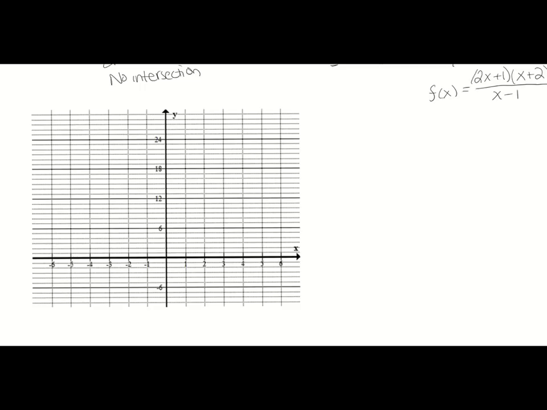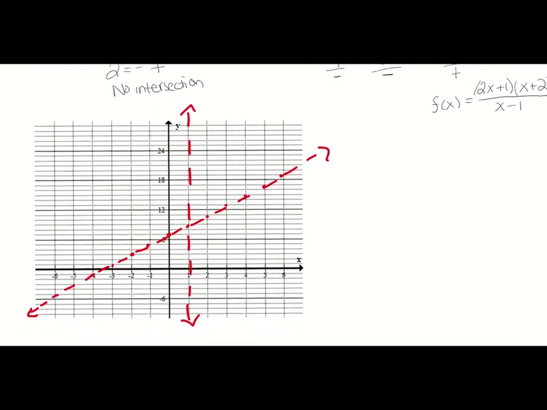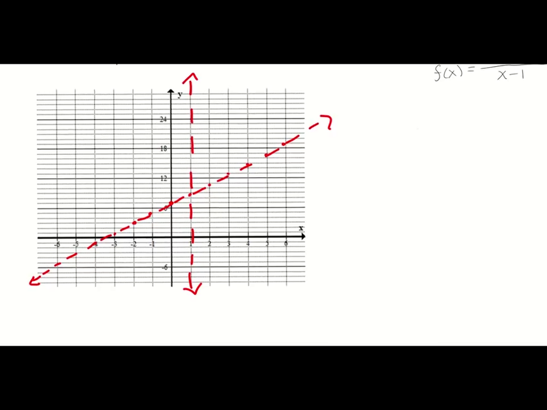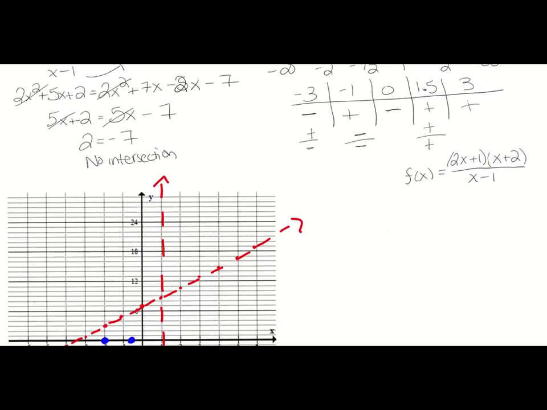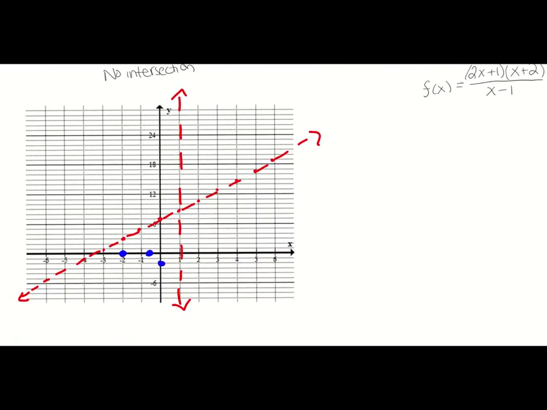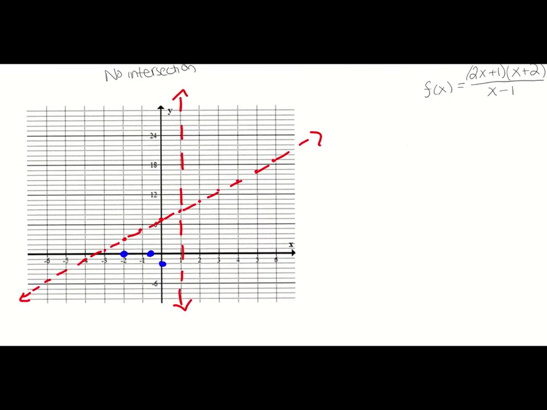Now we need to plug in our x-intercepts. So that was -1/2 and -2. Oops. So -2 and -1/2. And then we had a y-intercept, I'm sorry, at -2 also. And then you look at your sign chart. So from -infinity to -2, I am below the x-axis, and I need to run along my asymptote.